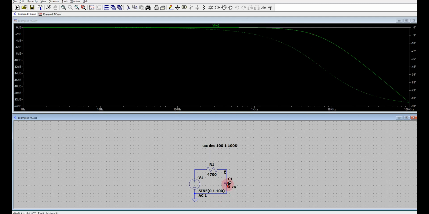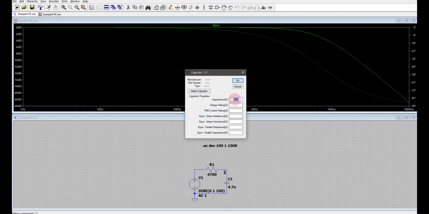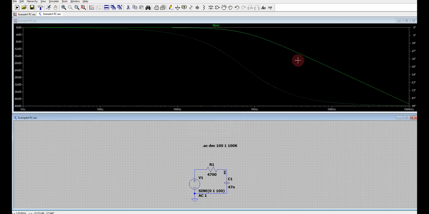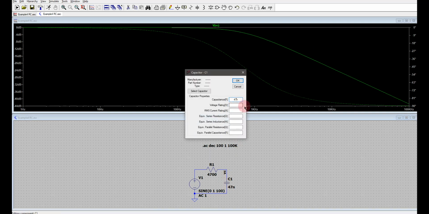Now if I try to increase this capacitance to 47, it has moved towards the left. Similarly, if I increase this to 470, it will move towards the right.